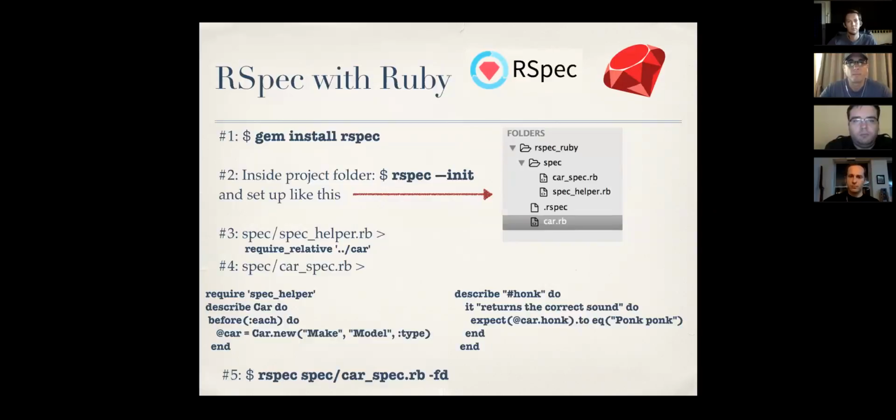That's the setup for RSpec. The spec helper should bring in the actual Ruby classes, like here require_relative car, so it's going to bring in car.rb. Under spec helper I will switch screens and show Sublime Text, where you can see the whole thing better.